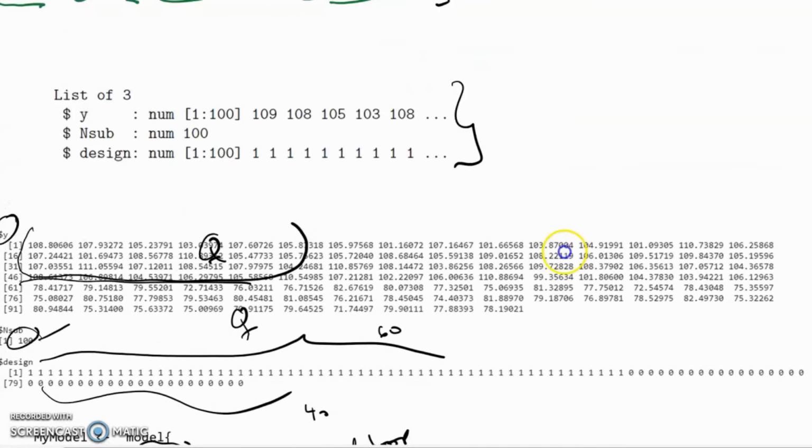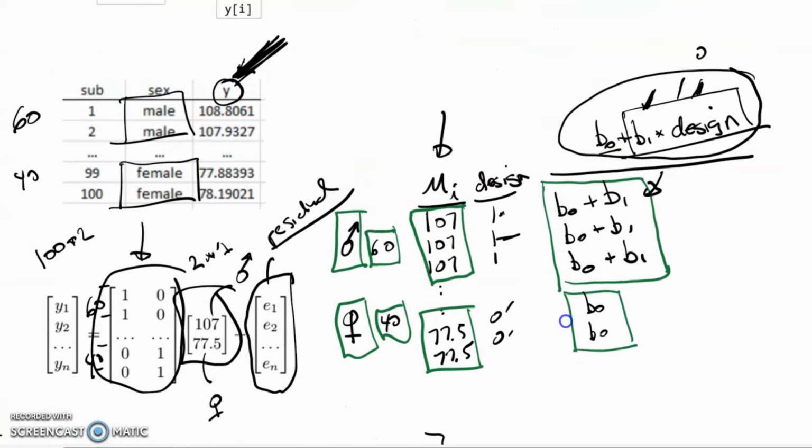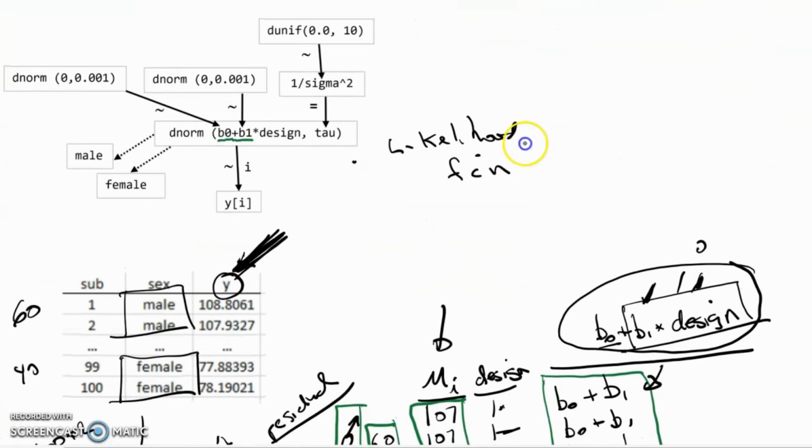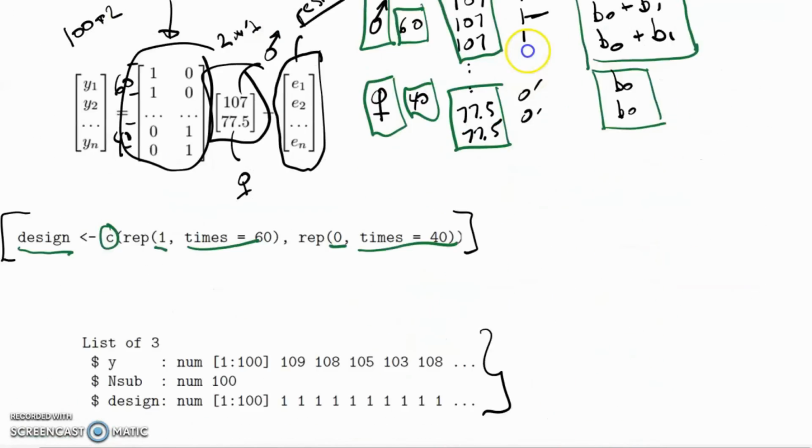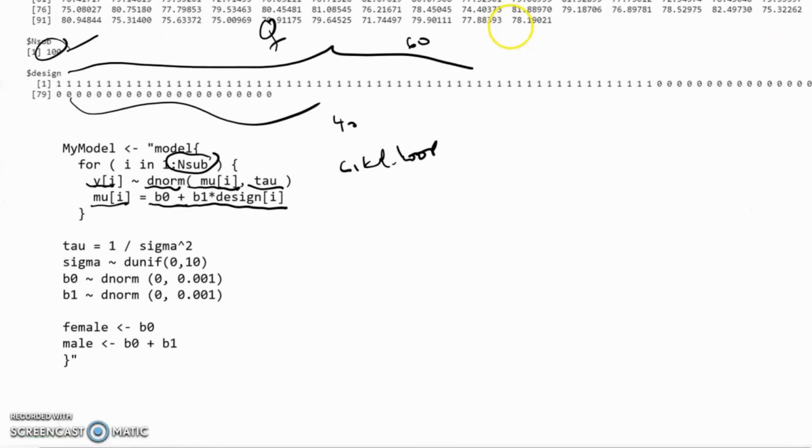So what's going to happen is once we implement this, we're going to wind up with posterior values for B0 and B1. But if we're going to get posteriors for B0 and B1, we're going to need to have their priors. And there are their priors there.